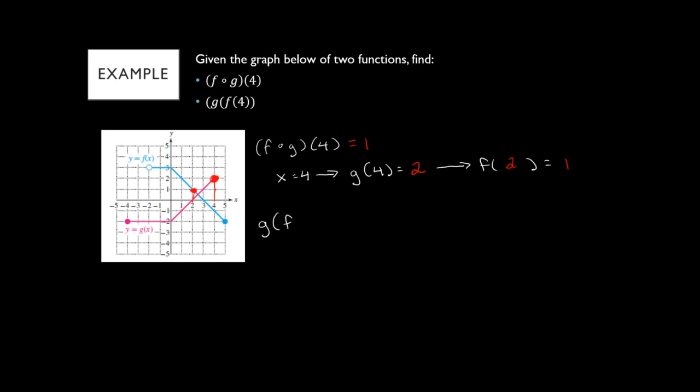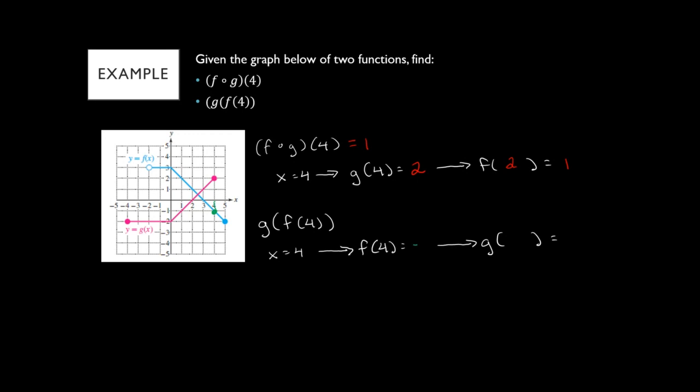Then if we've got g of f of 4, so again, I have x equals 4. I'm plugging that into f and getting an output. And then I'm plugging that into g and getting an output. So when x is 4 on f, we're at -1.